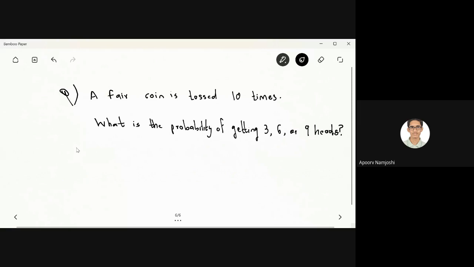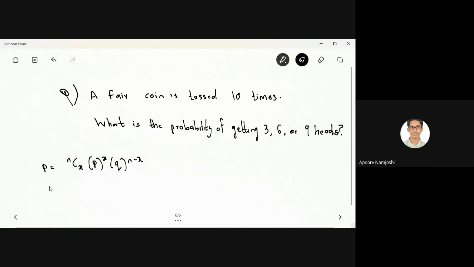Now, the standard method to solve this would be to simply use the binomial distribution for probability. So you can use this formula, nCx times p raised to x, q raised to n minus x. And this you can calculate for 3 and 6 and 9.